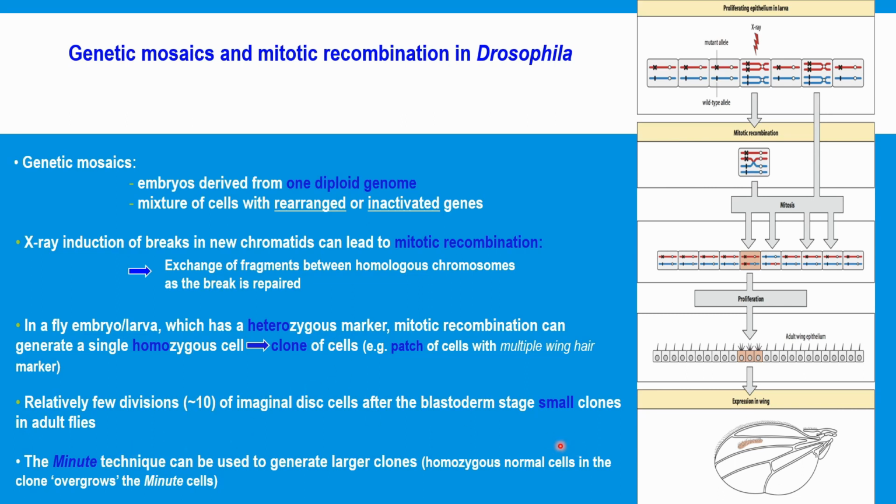So we can use that to generate larger mutant clones. If we make the normal wild type cells heterozygous for minute, they will not grow as fast as the mutated cells, and this can generate larger clones. It's not too important for you if you're not doing experiments with it, but I just thought we would mention it.